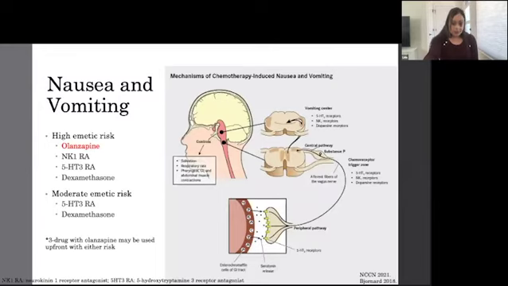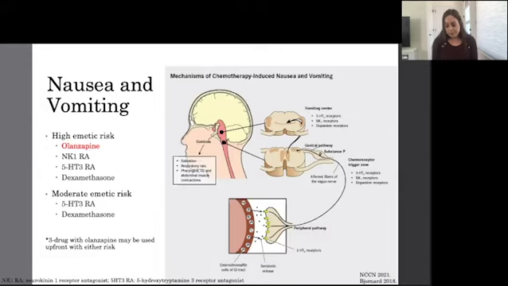First, the central pathway, where the chemotherapy toxins come into contact with the chemoreceptor trigger zone located in the area postrema of the brain. Then that results in neurotransmitter release, and specifically neurotransmitters like serotonin, substance P, and dopamine, which are the ones implicated in nausea and vomiting.